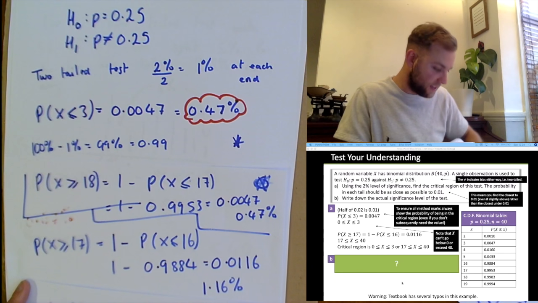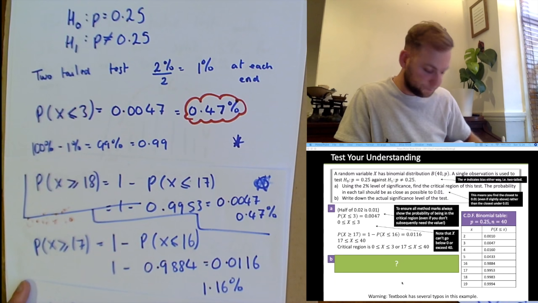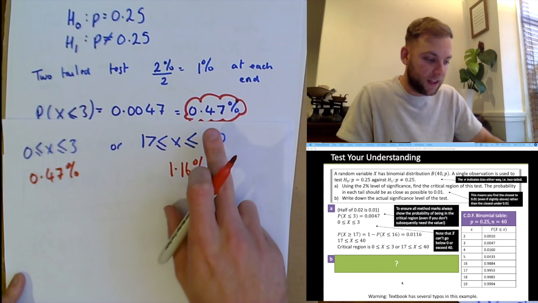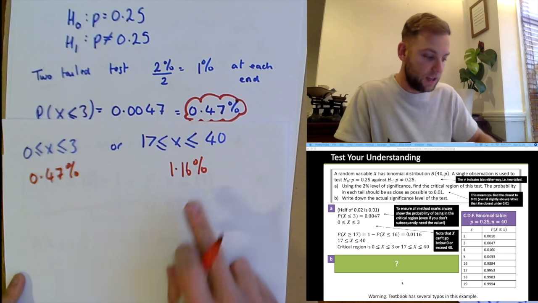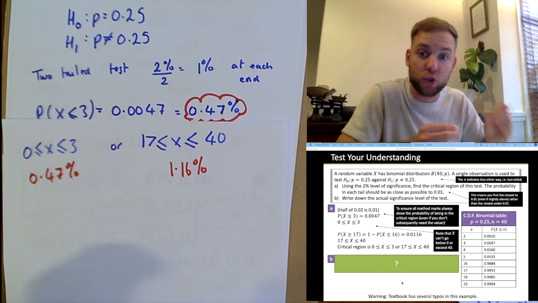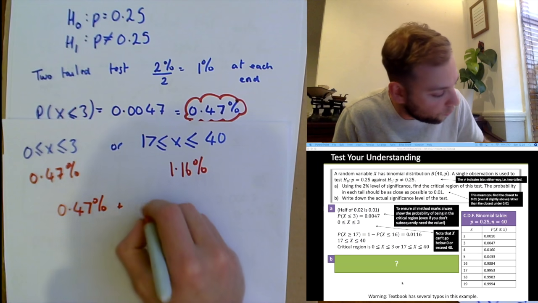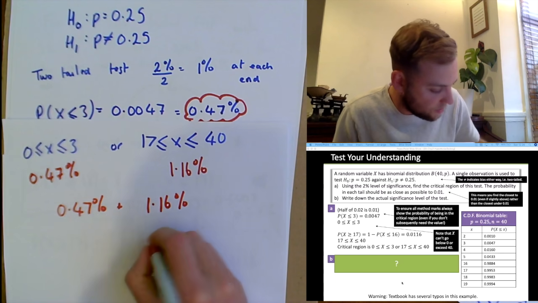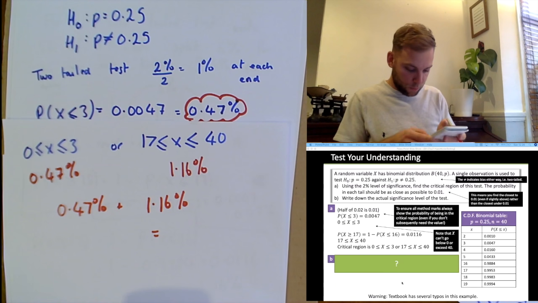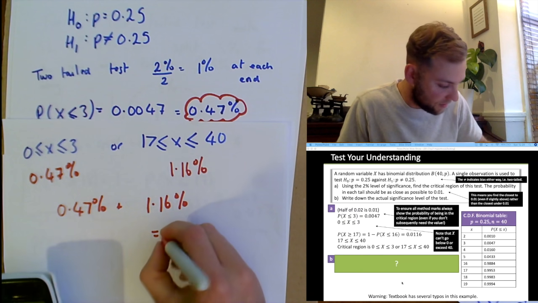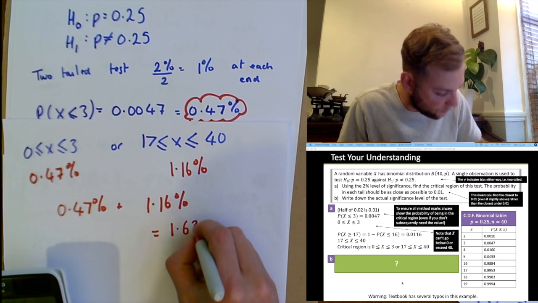The probability of getting these here is 1.16%. Okay? So the probability of getting this is this. The probability of getting this is this. Okay? So my actual significance level is those two added together. So 0.47% plus 1.16%, which is equal to 1.63%.